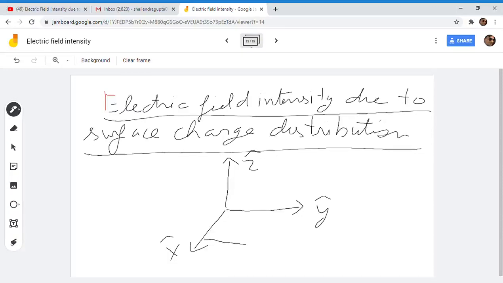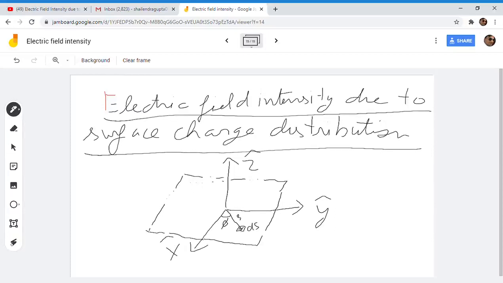So this is your surface. Now what we will do, we will take a small surface area, we'll call it ds, and ds is placed at rho length, and the angle is phi.